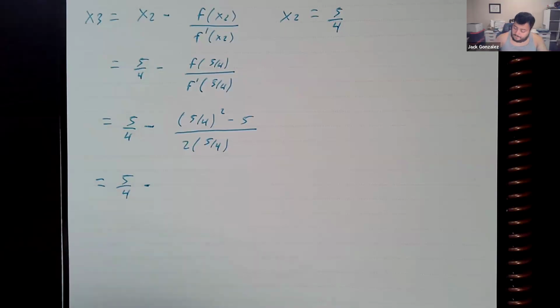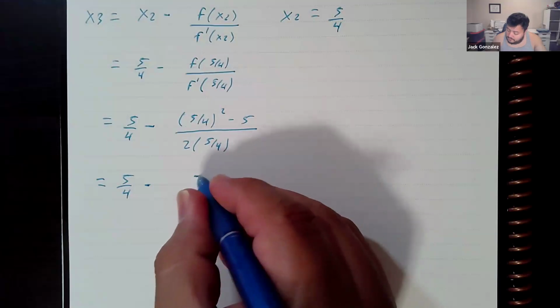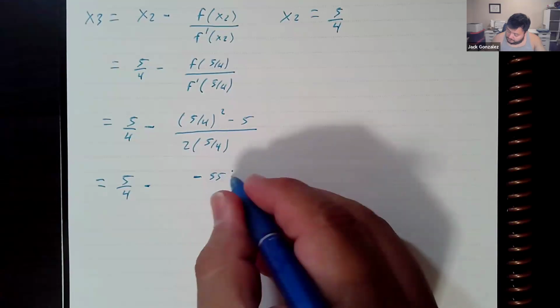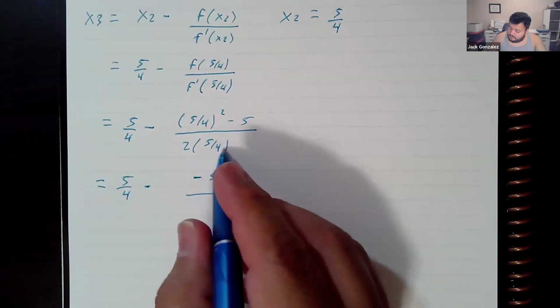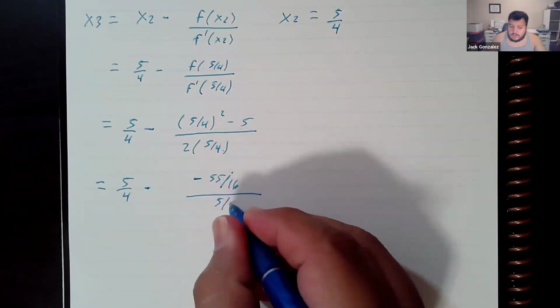Oh, there it is. So this would be on the top, negative 55/16. 2 times this would be 10/4, which would reduce to 5/2.